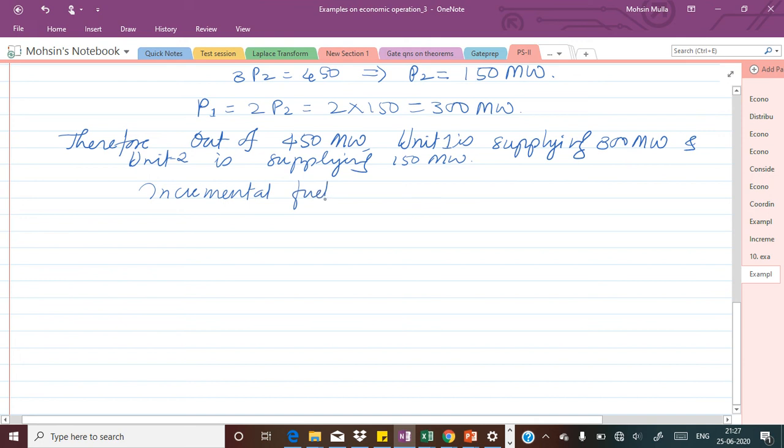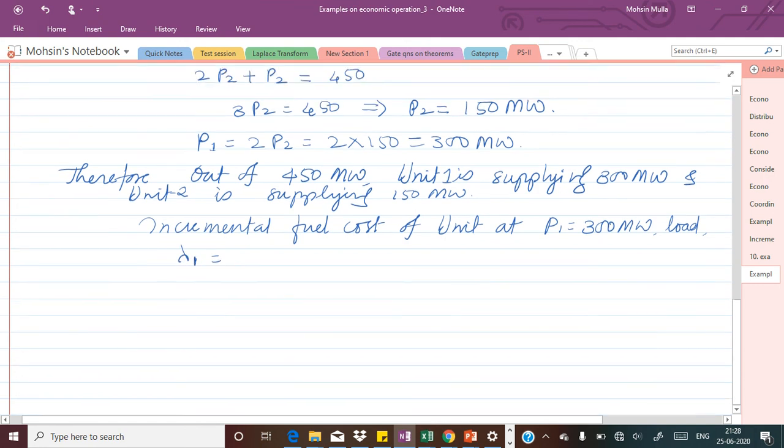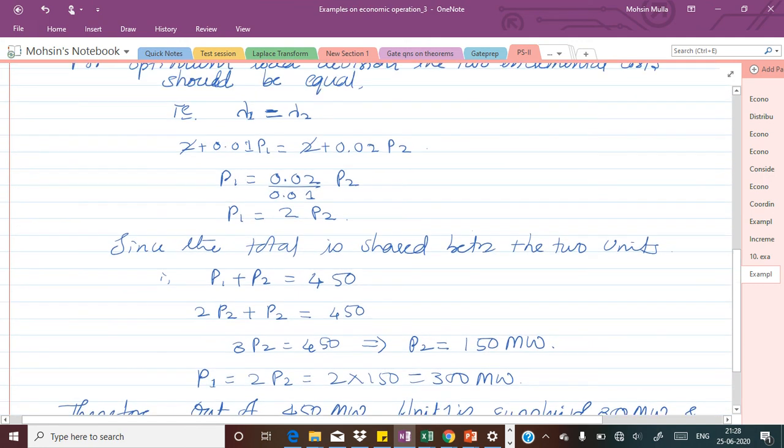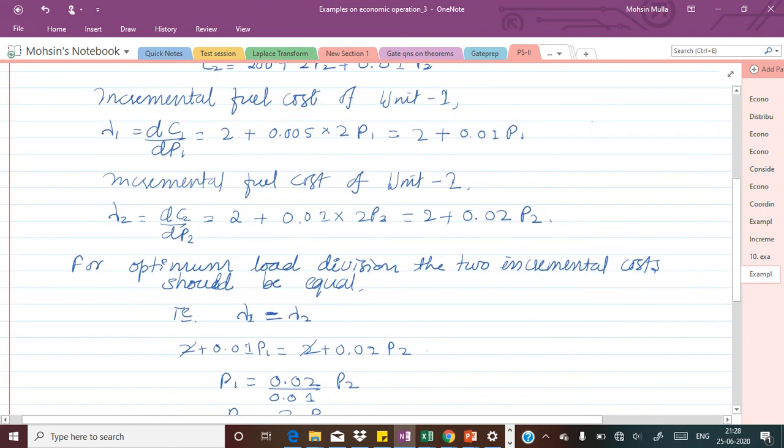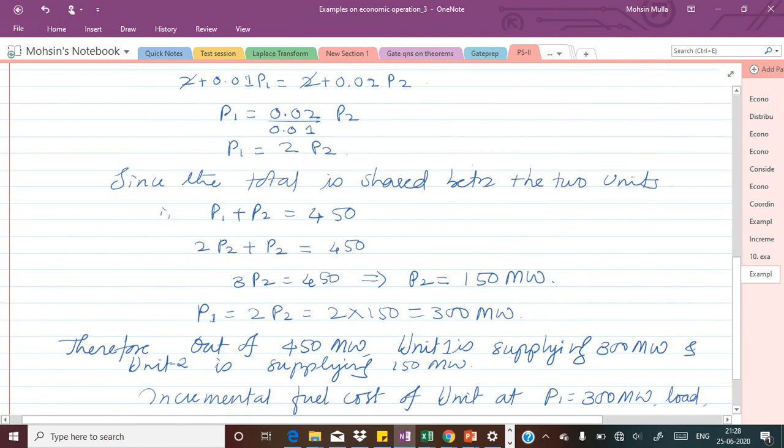Incremental fuel cost of unit 1: the share of unit 1 is 300 megawatt, so at P1 equals 300 megawatt loading, the incremental fuel cost is lambda 1. The expression for lambda 1 is already obtained here, so we make use of that. Lambda 1 is nothing but 2 plus 0.01 P1.